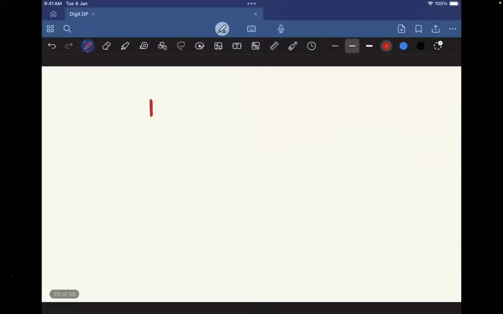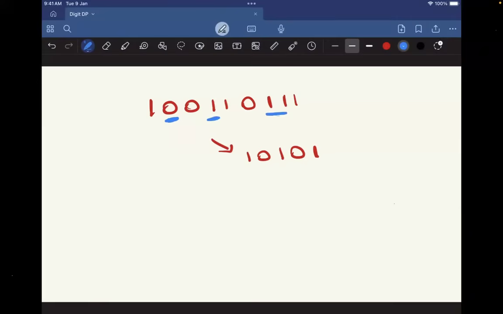Okay. 1 0 0 1 1 0 1, and let's add one more 1 and one more. Do you agree the length of the array, if I remove the extras, is just 1 0 1 0 1? Yes or no, guys? Because this right here is an extra, this right here is an extra, and these two right here are extras. So the length of this is 5.